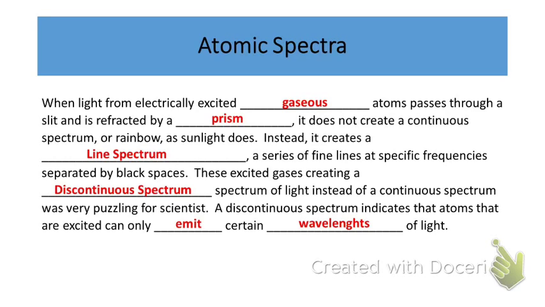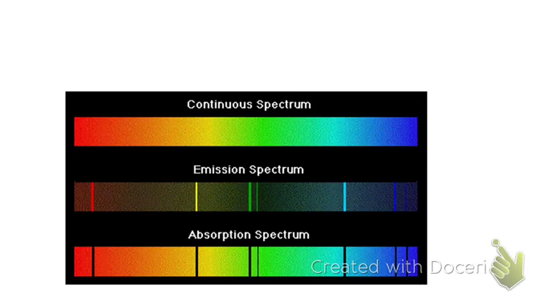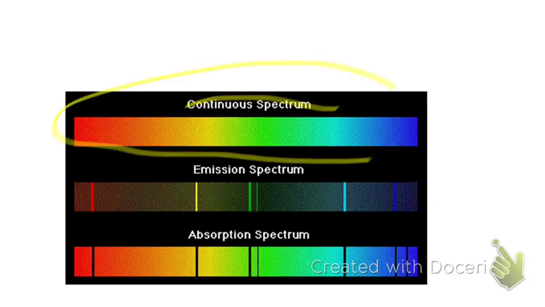They expected that when you pass electricity through gaseous atoms, the atoms would emit light as a continuous spectrum, with no gaps in the rainbow. As you see on the next page, we have a continuous spectrum, and this is essentially what they thought they would get from these atoms when excited with electricity.